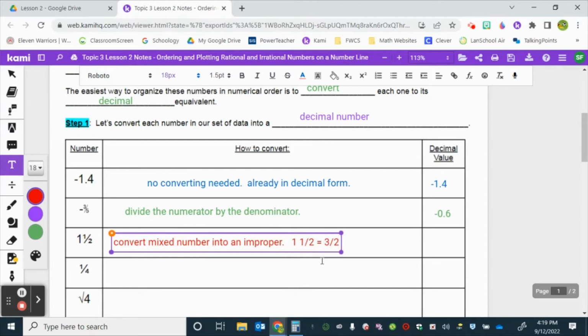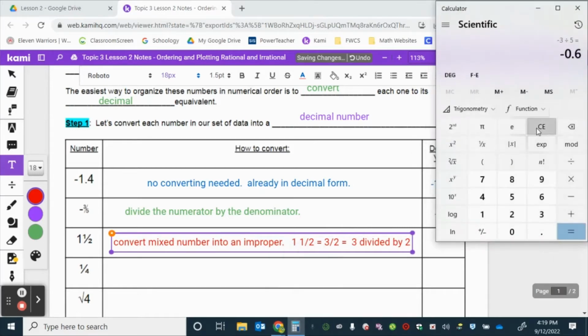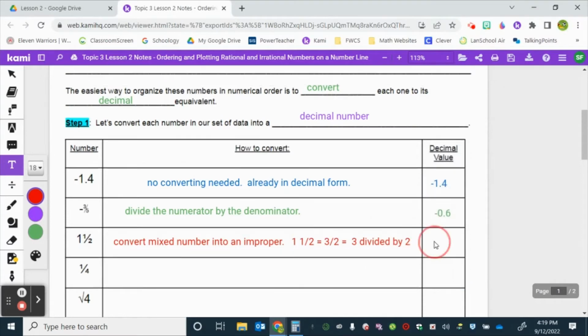And once I have it in fractional form, 3 over 2 means 3 divided by 2. And I can use my calculator to help me get that decimal value, right? Come up here and clear this. 3 over 2 is the same as 3 divided by 2. And if I do that, I can see that 1 1/2 is equivalent to 1.5.